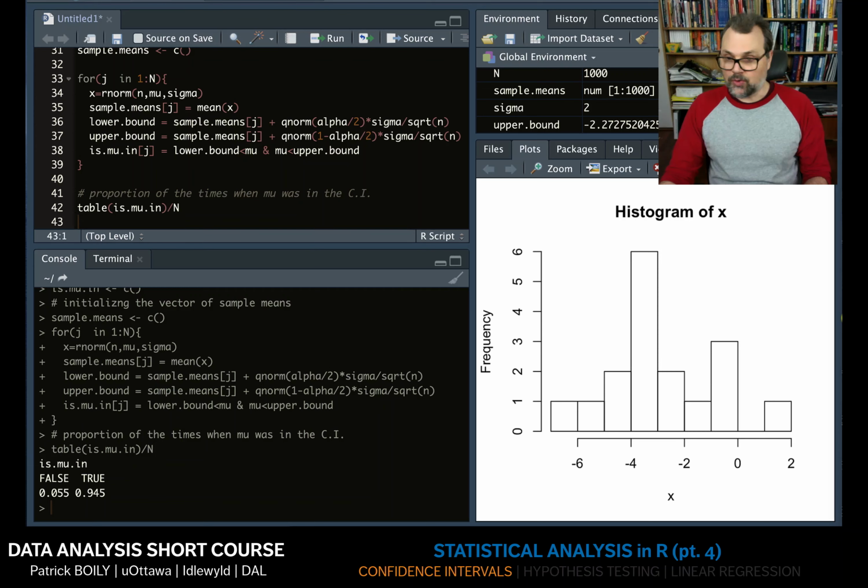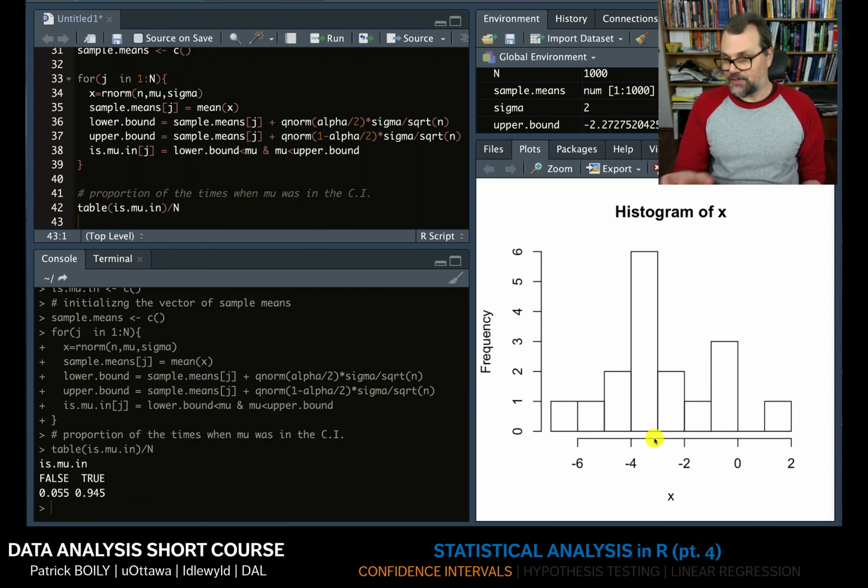Now, before I do this, notice that the histogram of the original sample of 17 observations sort of ranged from -7 to 2. There were some values fairly far from the -3.